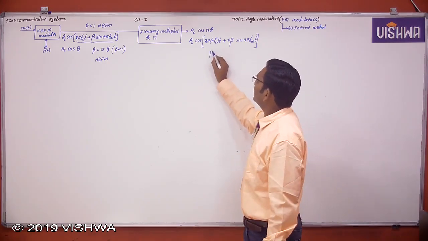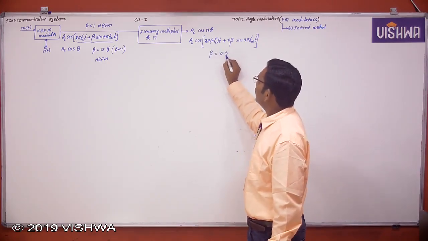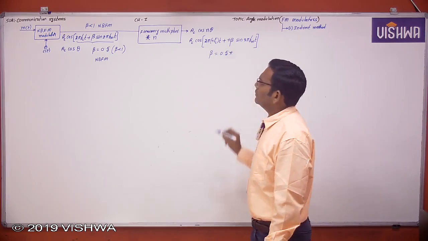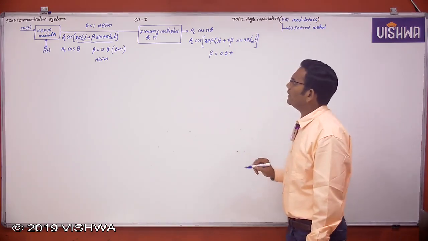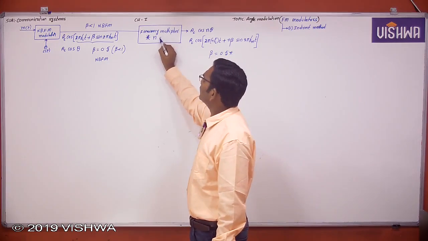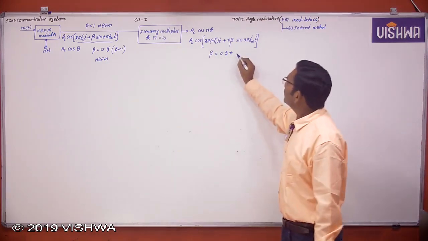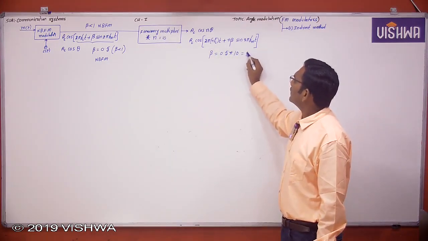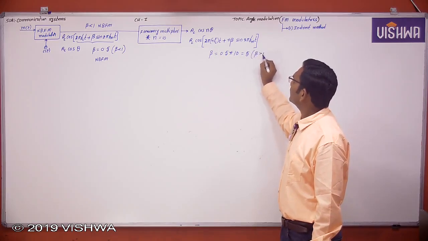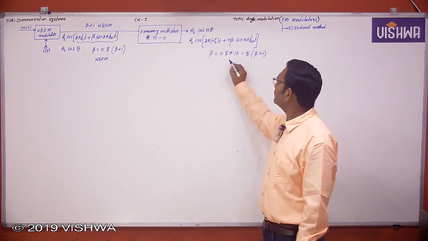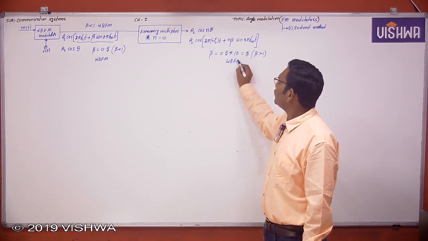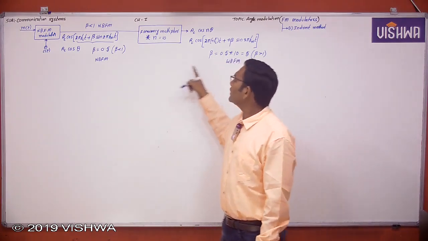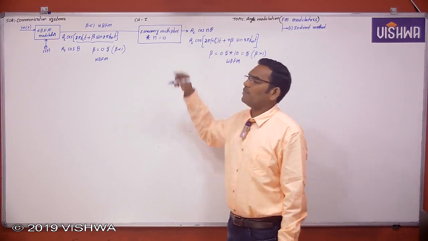So beta equal to 0.5 into, for example, a multiplication factor of 10, which is equal to 5. Now beta is greater than 1, which is wide band FM. Now your narrow band FM is converted to wide band FM with the help of this frequency multiplier.